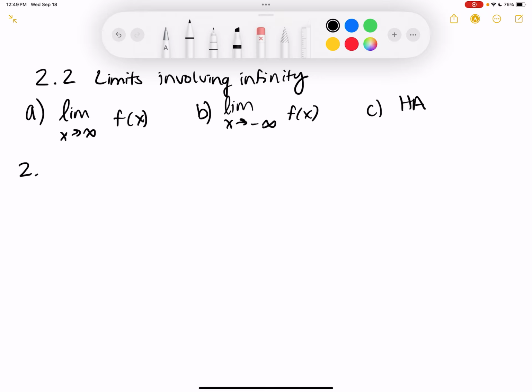So number 2, f of x equals the sine of 2x over x. When we look at this, the limit as x approaches infinity of the sine of 2x over x.